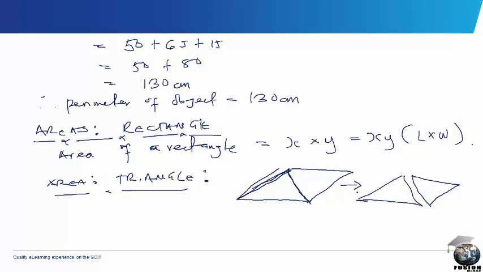So this is our triangle, and this is another triangle, and if they are joined together they form a parallelogram.